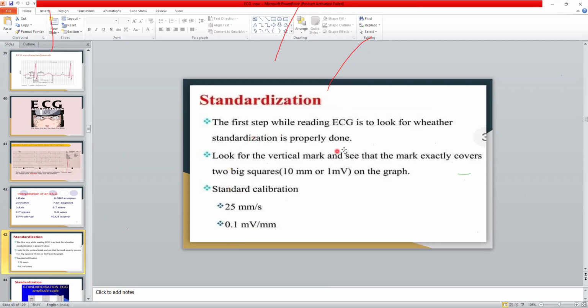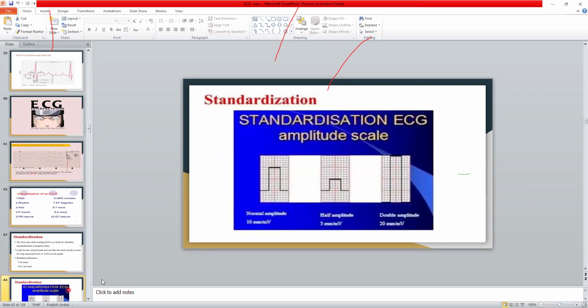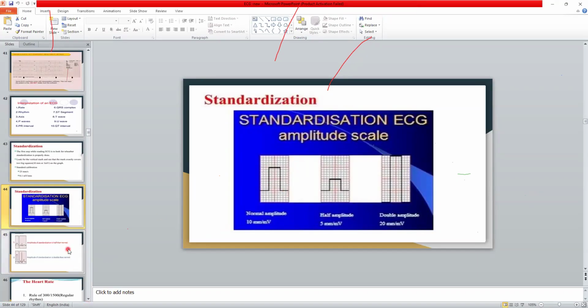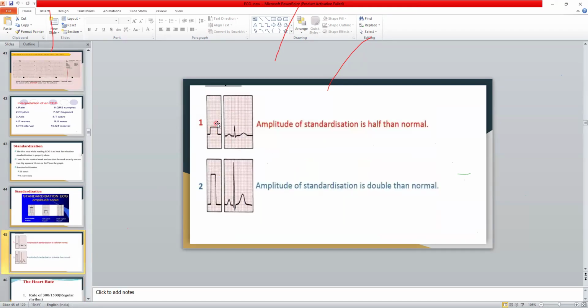So whenever you check the ECG, look for the vertical mark. It should be normal, that is 2 big squares on the graph. It looks like this. What will happen if the amplitude of standardization is half? Then your ECG graphical representation will come out smaller, and your measurements like the QT interval, PR interval or T wave, everything will become abnormal.